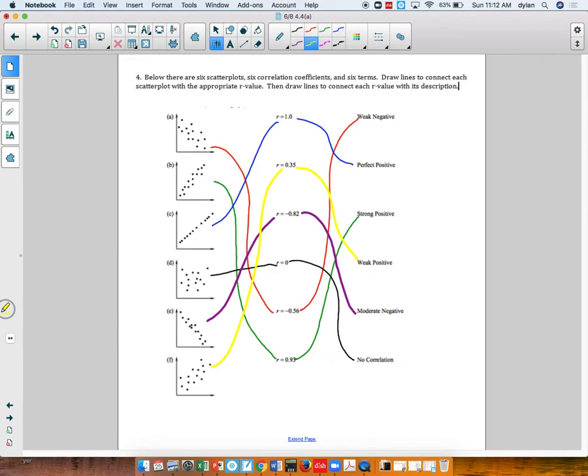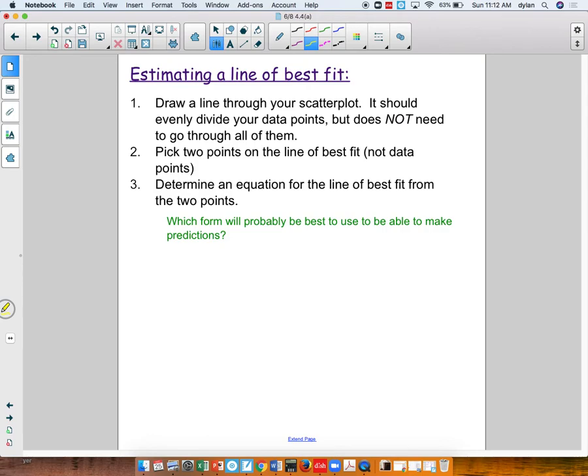All right, so the last thing we're going to do here is talk about how you actually estimate the equation of a line of best fit. And there's 3 steps to do this, which I would like you to write down on your note sheet. So when we want to estimate a line of best fit, the first thing that we're going to do is draw a line through the scatter plot.